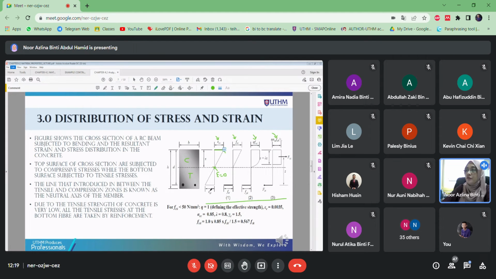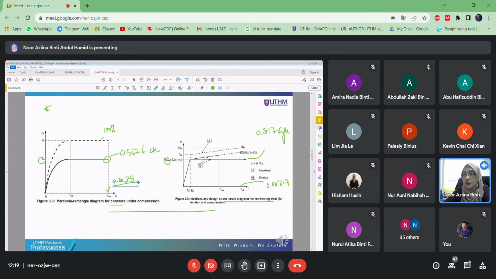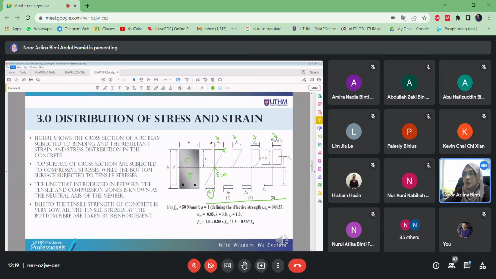Okay, and then for the steel, kalau concrete tadi dia punya strain dia adalah 0.0035. Kalau steel 0.00217. So that means for the concrete, here is 0 and the maximum one here is 0.0035.